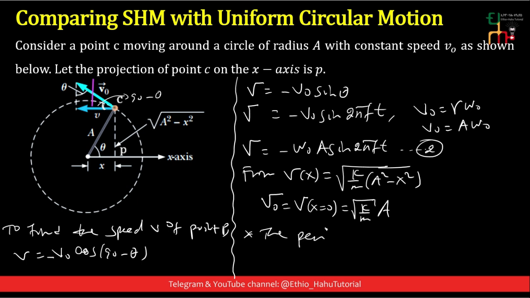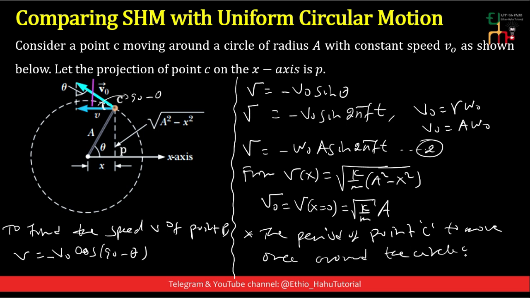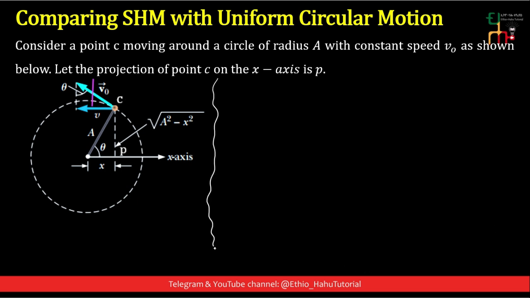The period of point C to move once around the circle of radius a is equal to simply the distance traveled by this point C, the circumference of the circle, 2 pi times r, divided by v naught.